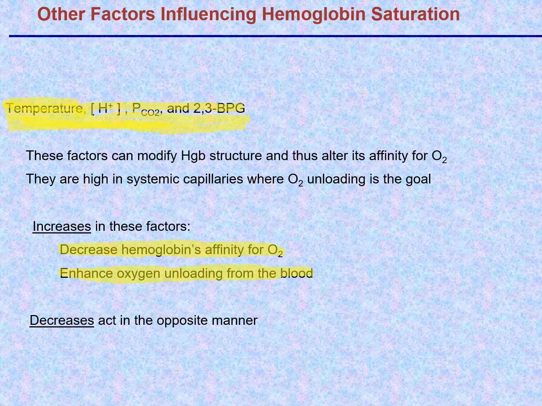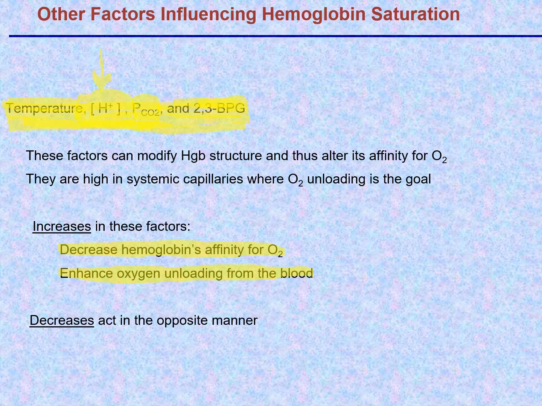Your PCO2 is rising because it's more metabolically active, so because of the higher PCO2, more oxygen is released. That's also good. Hydrogen ion concentration is rising, the reason being that with higher CO2 levels you get higher hydrogen ion concentration, and that also helps with oxygen release. And this molecule 2,3-BPG in the red cells will rise, and again that helps with unloading.